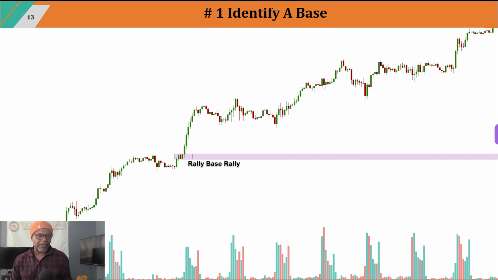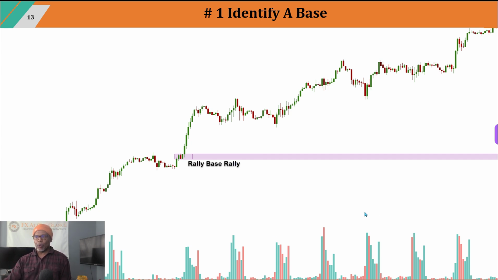So zones are classified on their structure. If a supply or demand zone forms during a trending move, then it's either a drop-base-drop or a rally-base-rally. And a zone that's created at a trend reversal is either a rally-base-drop or a drop-base-rally.